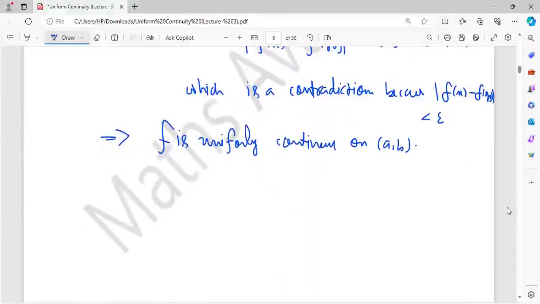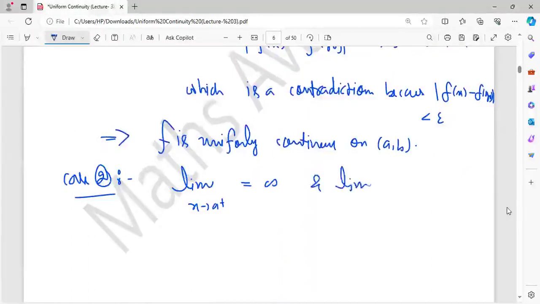Case two. So one-sided limit, and limit x tends to a plus, that is L naught. So L naught, okay. The same technique can be taken. Again you take epsilon.